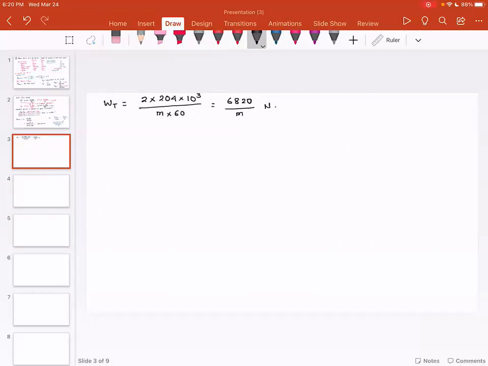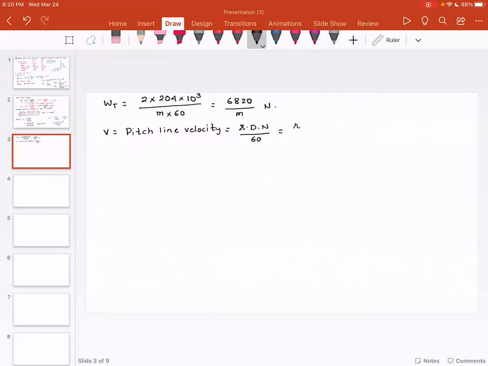Next step is to find velocity, which is the pitch line velocity, which is pi times d times n divided by 60. It depends upon the units. In this particular case, the diameter of the gear is in millimeter, so I'm going to keep all the units consistent.